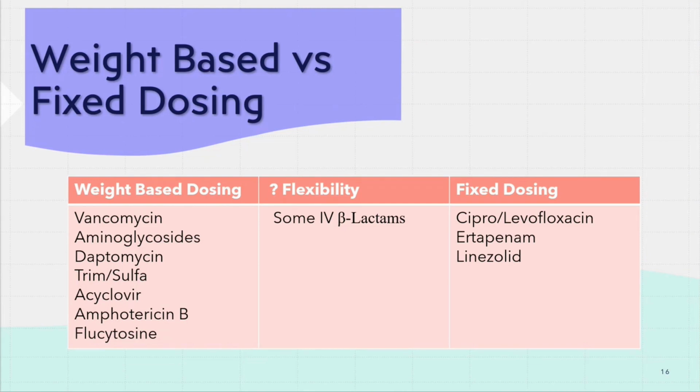And then I really thought that we do have some IV beta lactams that probably fall somewhere in the middle, where we do have more flexibility to adjust doses, as well as adjusting frequency and adjusting infusion times. So this was just another reminder of the limitations that we are up against when it comes to choosing agents. And perhaps if we do have an obese patient, maybe we would pick an agent that offers us options for weight-based dosing or flexibility, as opposed to the limitations of something that's more fixed.